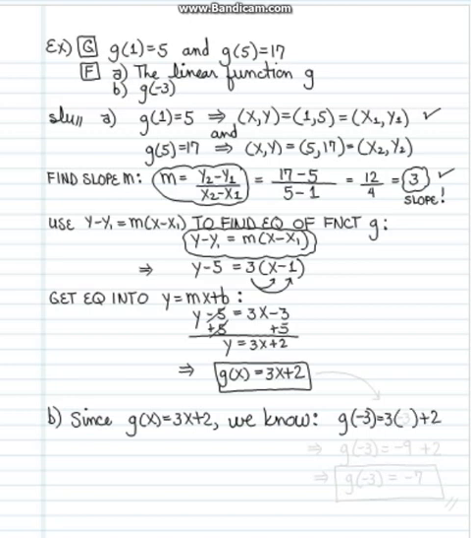Just exchange the x for a negative 3. So that actually comes from here. And that implies that g of negative 3 is equal to 3 times negative 3 is negative 9. Bring down the plus 2. And that implies that g of negative 3 is equal to negative 9 plus 2 is negative 7.